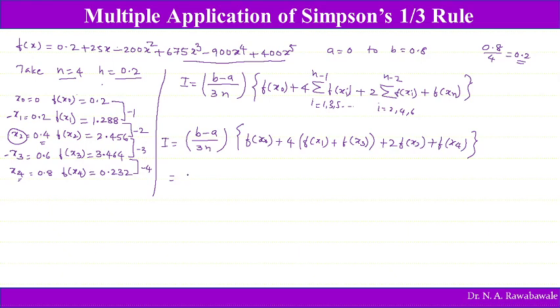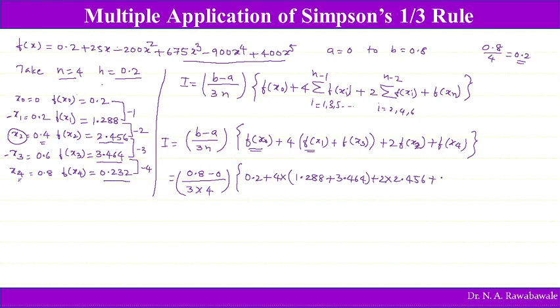So b is nothing but 0.8, a is 0, divided by 3 into n value is 4, we have divided it into 4 segments, divided by 4, then f of x0 is 0.2 plus 4 into f of x1 is 1.288 plus f of x3 is 3.464 plus 2 into f of x2, f of x2 is 2.456 plus f of x4 is 0.232, close this bracket.